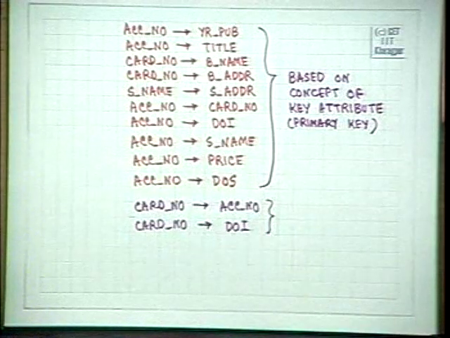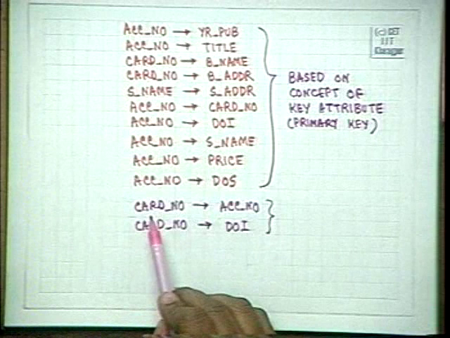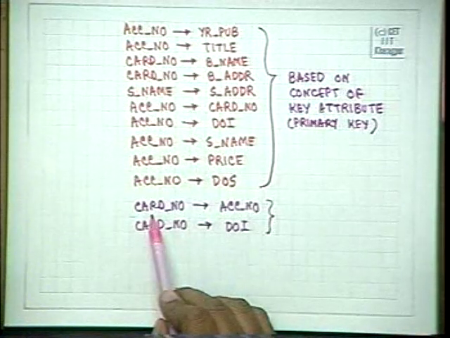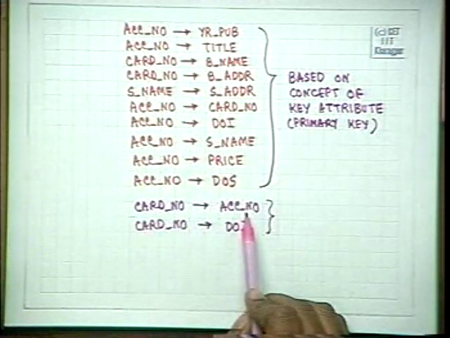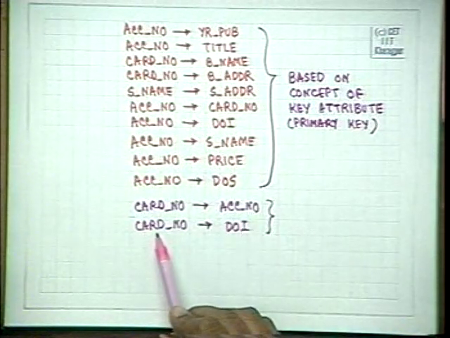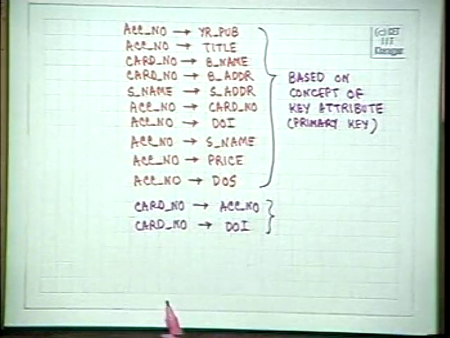These constraints we have introduced say that whenever we have the card number the same in any particular relation, then the two tuples must have the same accession number. If two tuples have the same card number, they must have the same date of issue.